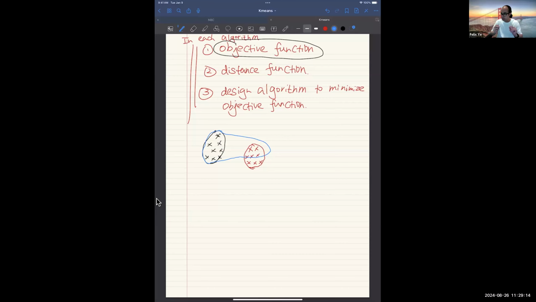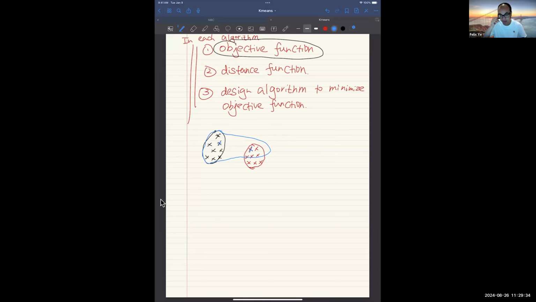Because the data within this blue cluster will have very low similarity, because the distance between this point and this point is very large.